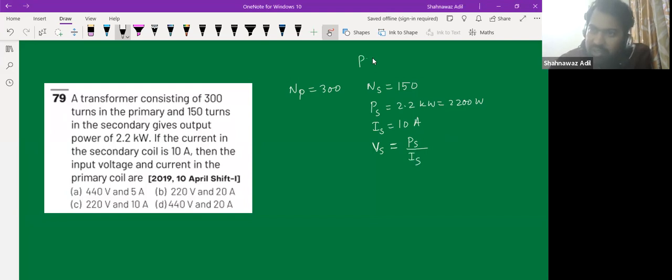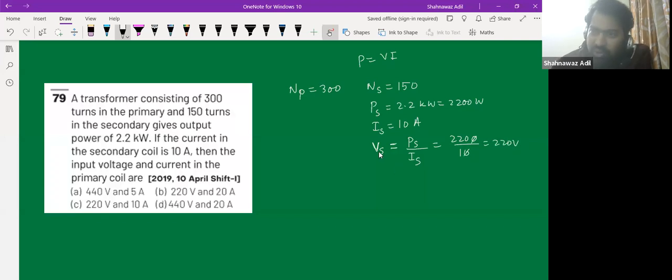Because P is VI. So this would be the voltage: 2200 divided by 10, so this is 220.